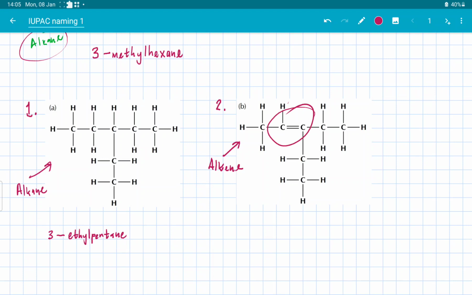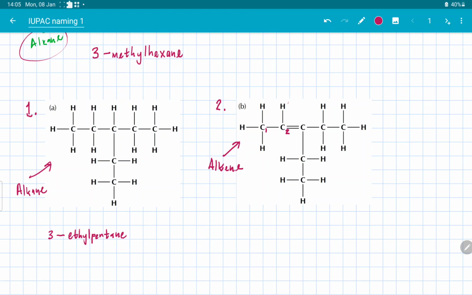That means it's compulsory for me to start from the left-hand side, because the functional group is closest to the left. So it's at 1, 2. If we go the other way, 1, 2, 3, carbon 3. Basically, I have to start from the left, people. So carbon 1, then 2.